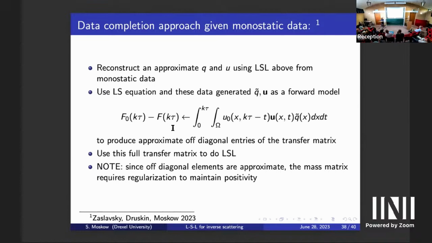Sometimes we have to regularize anyway, and the mass matrix may require regularization to keep it positive, because the off-diagonal entries are not actually the true entries. I guess there's always noise, but in this case you have some significant error because you've used these approximations. So this is very new, just from the last month.